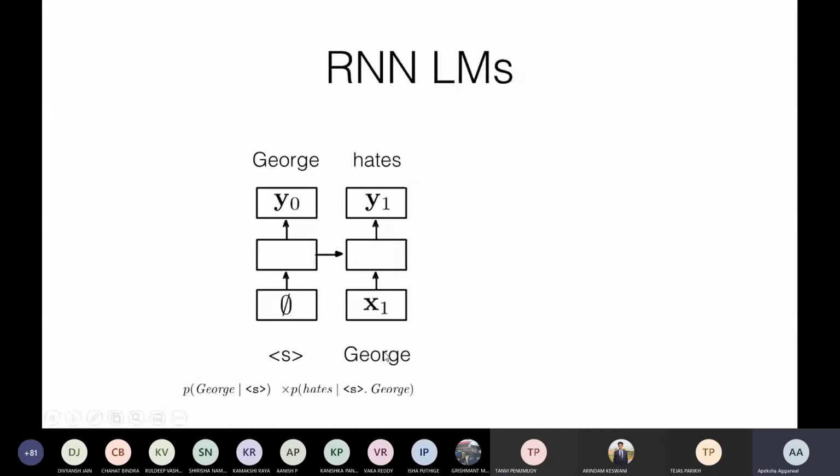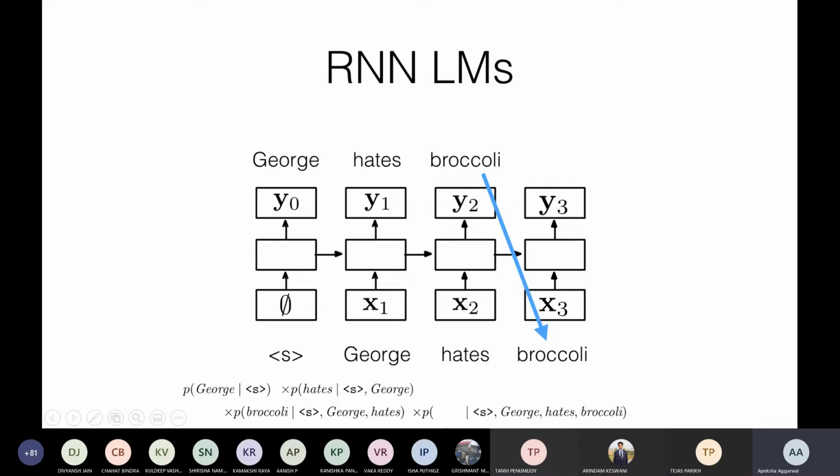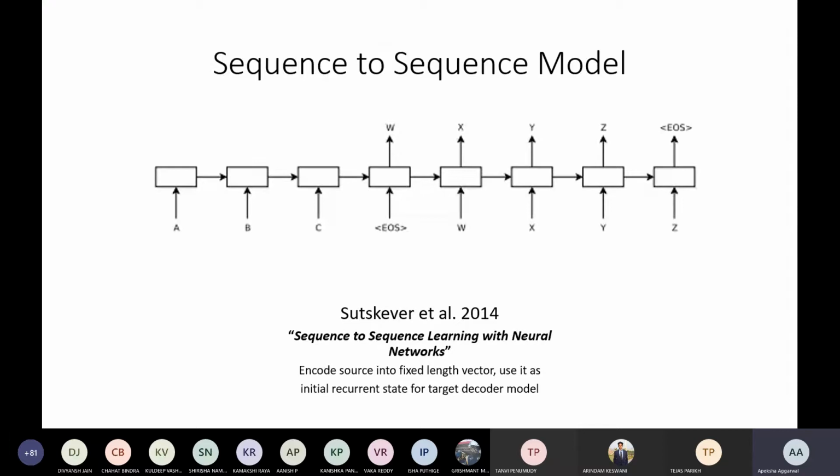Then it outputs again the probability of the next word, and for broccoli it outputs the probability of broccoli given the previous three words. So this is language modeling we have seen in the last class.